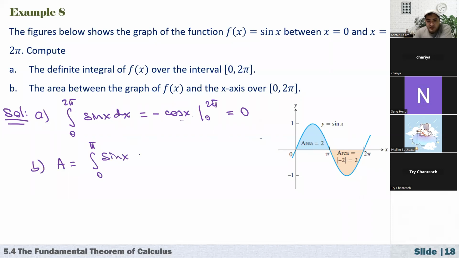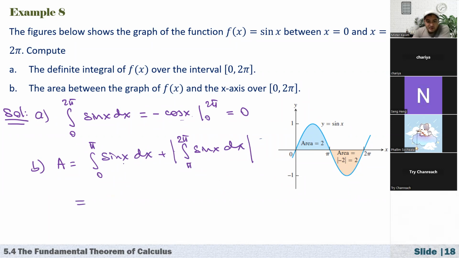Here we have the integral of sine of x dx plus the absolute value of the integral from pi to 2 pi of sine of x dx, because over this interval it is negative, right? Because it's asking the area, not the integral itself.